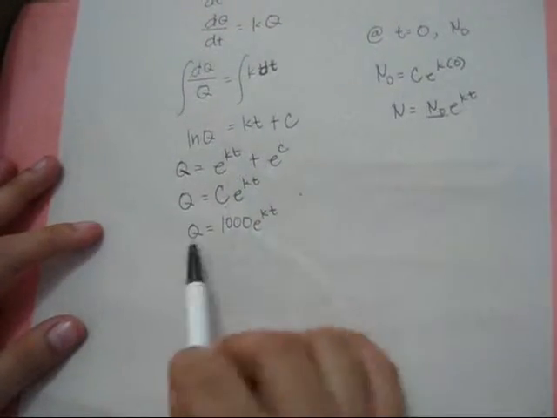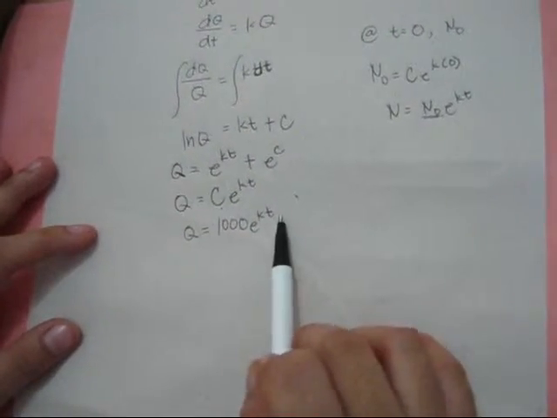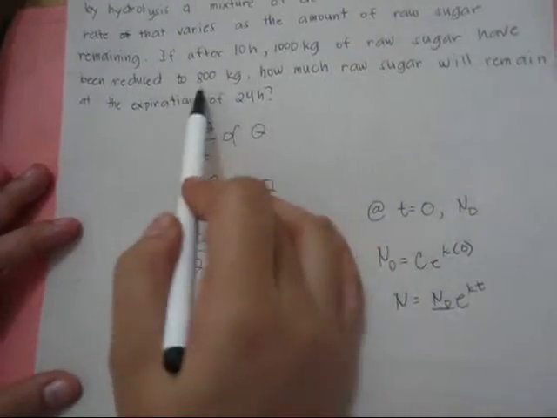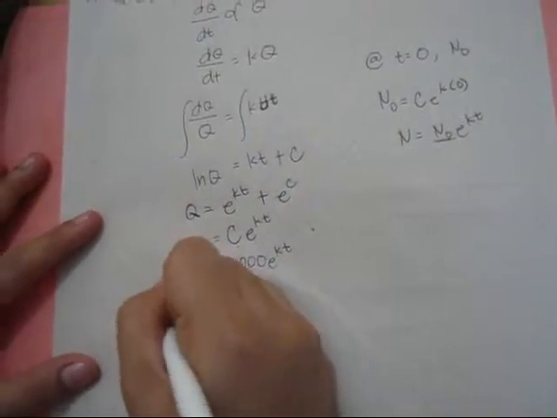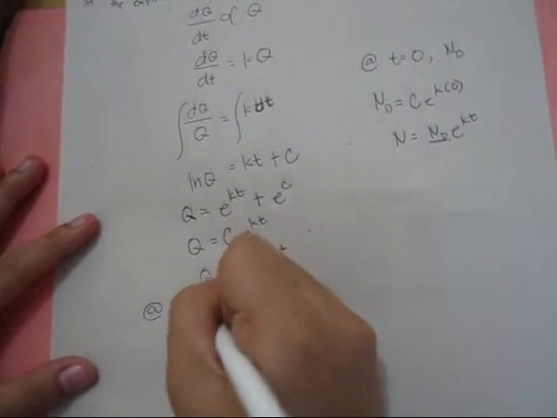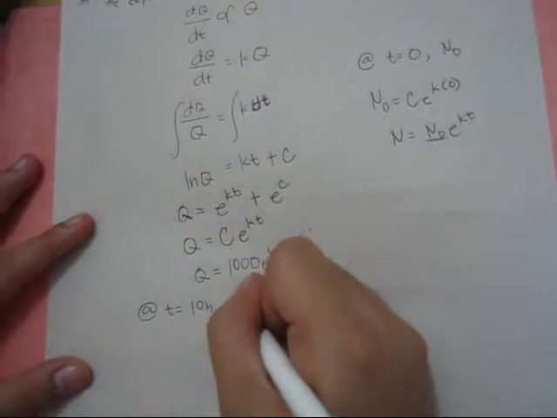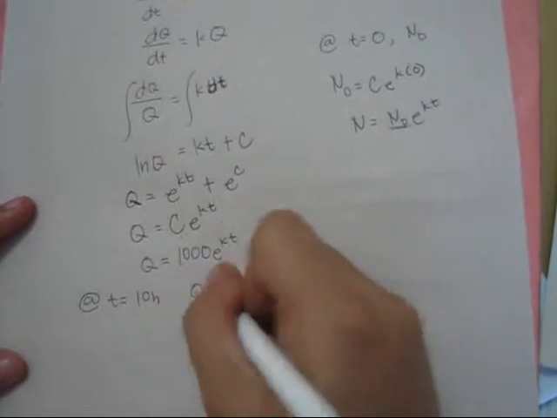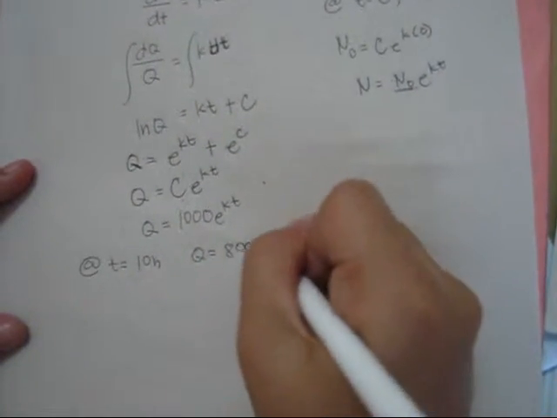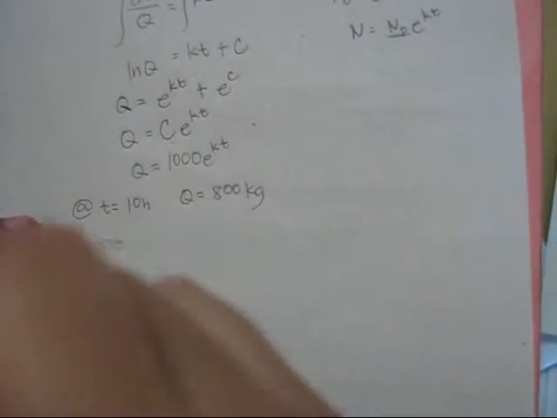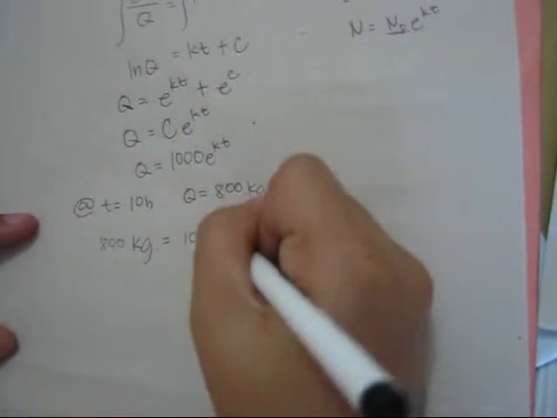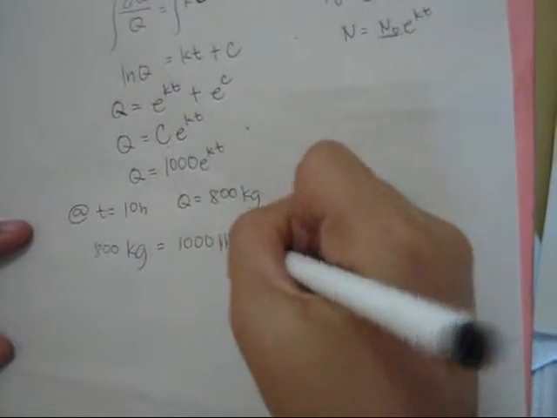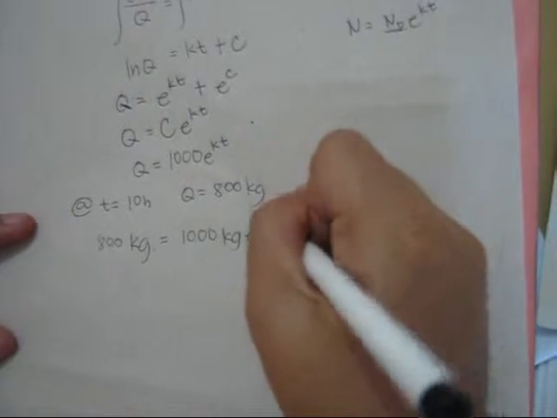In order for us to get the value of K, we have to plug in this 800 kilograms. We're given that at t equals 10 hours, we have the value of Q at 800 kilograms. So just plug this in. So 800 kilograms is just equal to 1,000 kilograms e to the 10K.